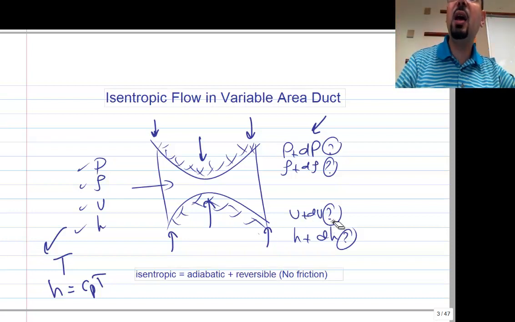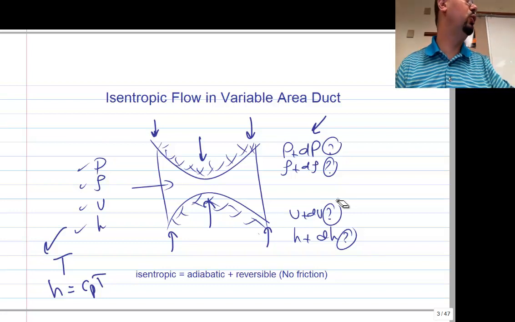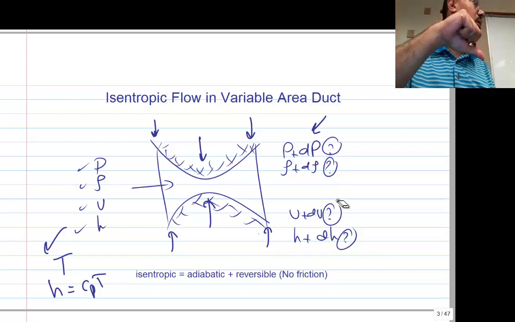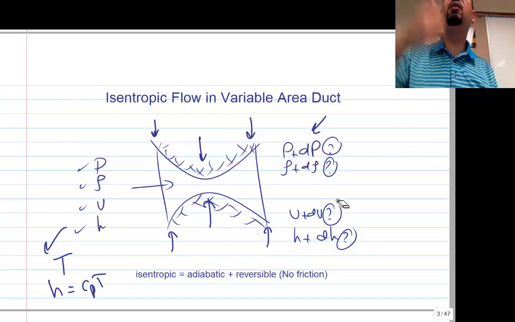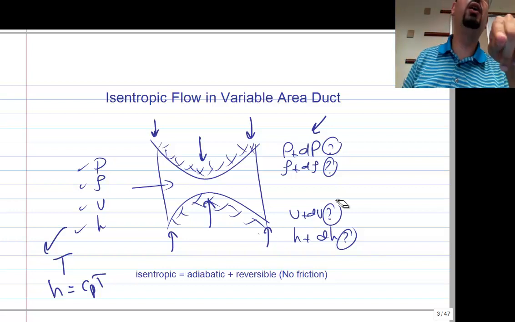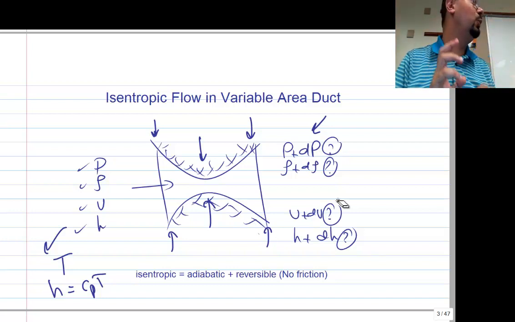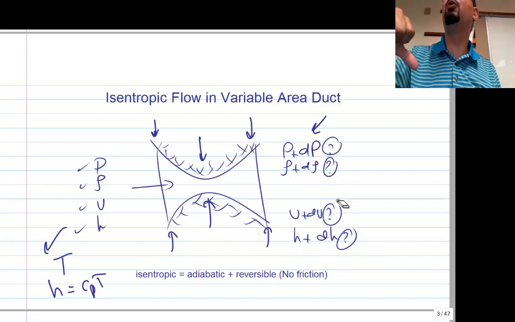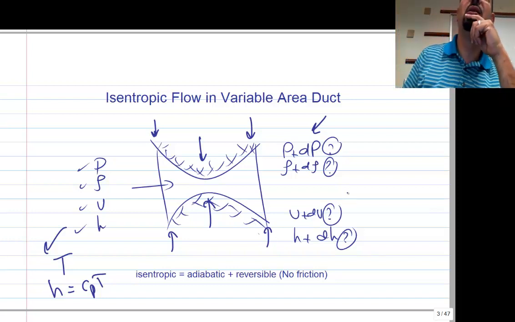We will just get the sign of the dV, not the magnitude, but the sign. Will the dV be plus or minus? So will the velocity increase or decrease? Okay? And we will find out that that sign will depend on the Mach number. So subsonic flow will do something, supersonic flow will do something else. One of them will make dV plus, the other one will make dV minus.